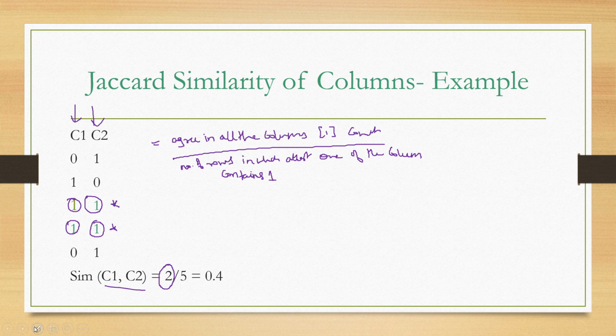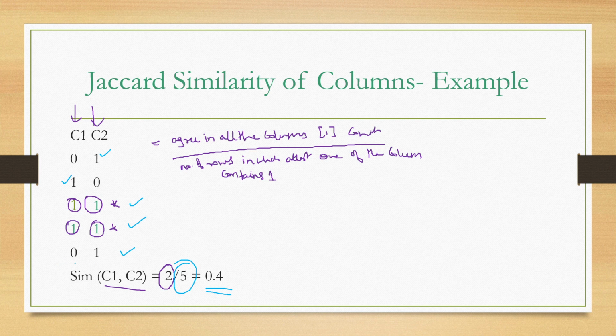So if you see here, there is a 1 here, there is a 1 here. These two will in any way satisfy the condition, and here is a 1. So if you count, these are 5. So 2 by 5 gives us 0.4 as the Jaccard similarity for these two columns.